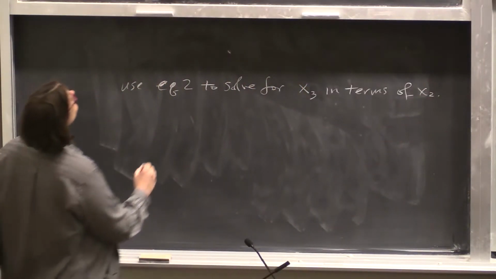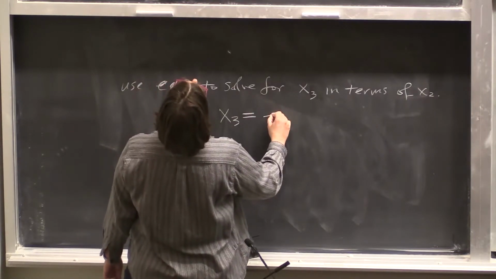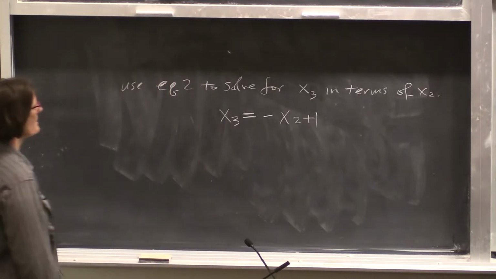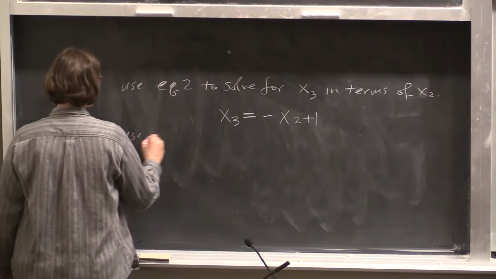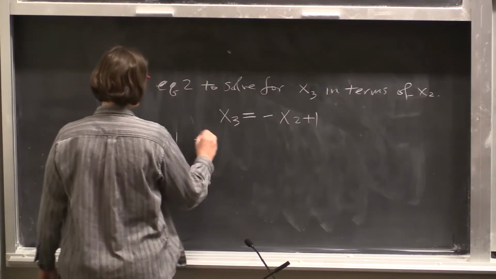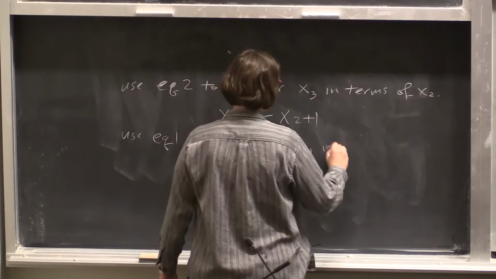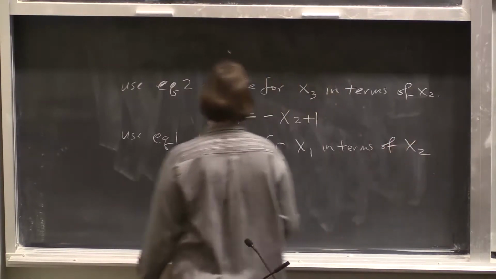So I'm going to say that x3 is equal to minus x2 plus 1. I'm going to have x2 as my free parameter. Use equation 1 to solve for x1 in terms of x2.